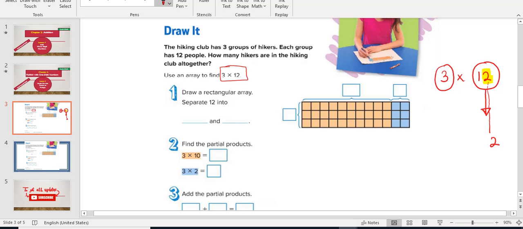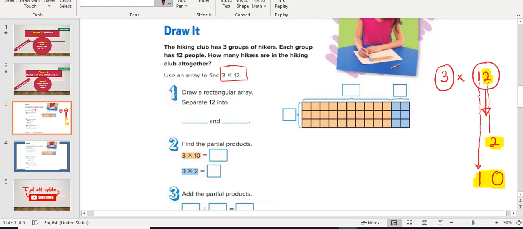And we have a 1. The 1 is in the tens place, so that is 10. That is 1 and 0. So therefore that means that the number 12 is separated into 2 and 10. That is the very first thing you need to do.